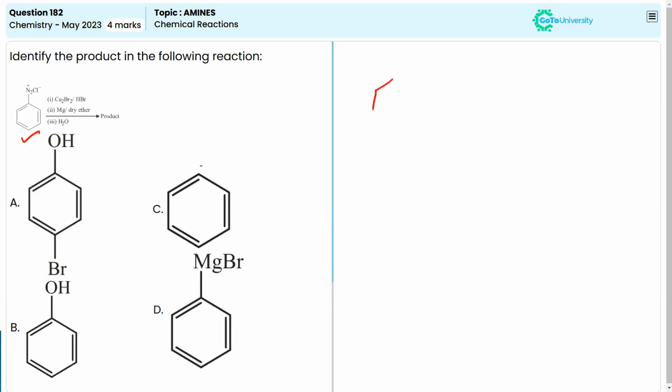So we can start from the benzene diazonium chloride, that is N2Cl, right? Now first I'm using the first reagent, Cu2Br2 and HBr. When this benzene diazonium chloride reacts with Cu2Br2 and HBr, it converts into bromobenzene. So this is the first step, right?